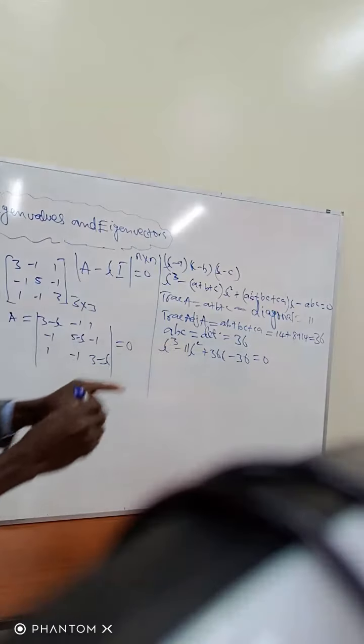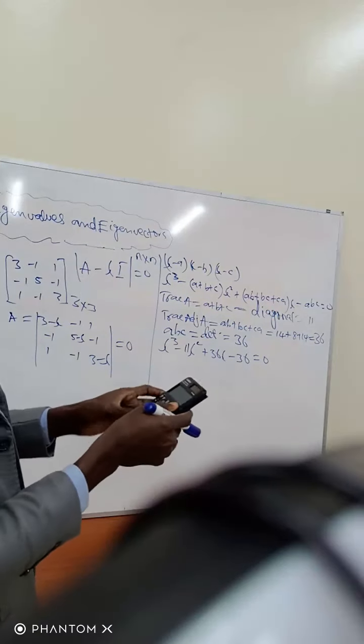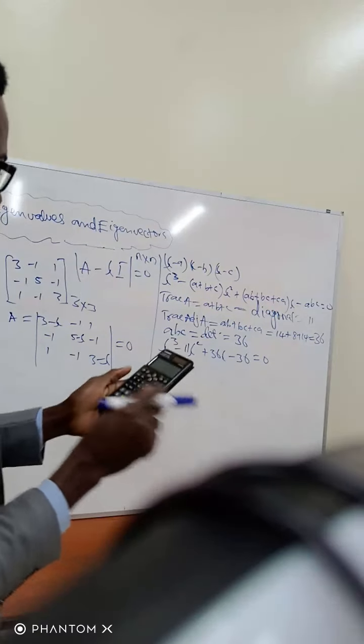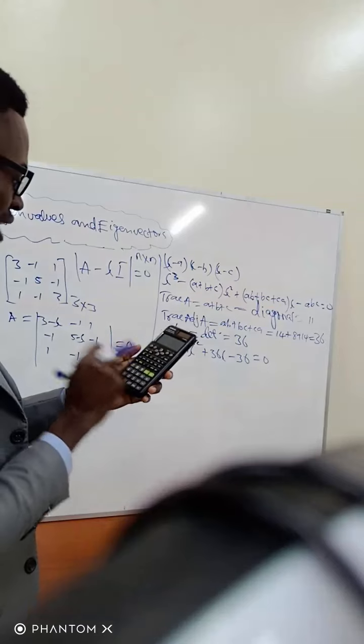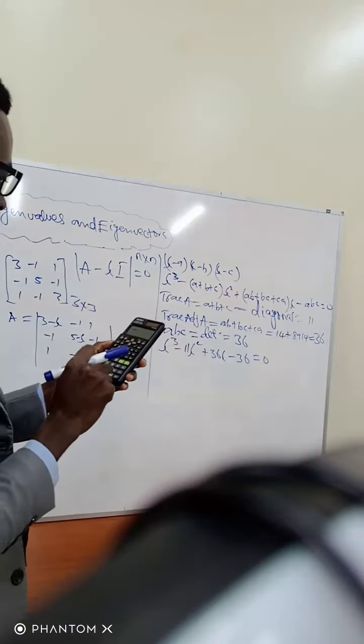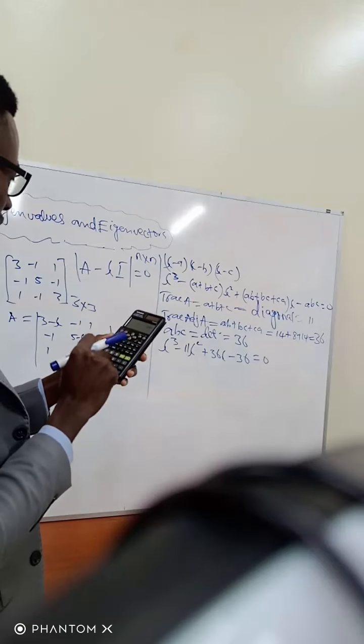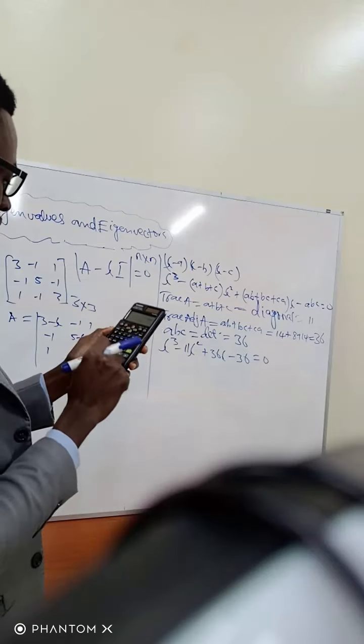Plug this into your calculator and you will find the 3 values, which are the eigenvalues. So let's do that. Take equation, option number 4. Enter 1, negative 11, 36, negative 36.